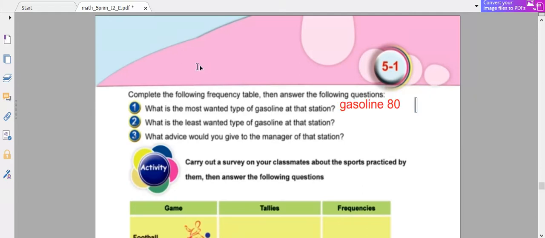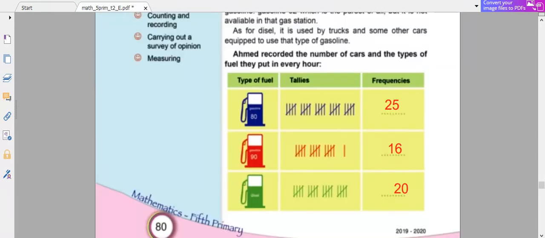Okay, that's question number 2. What is the least wanted type of gasoline? The least wanted. Let's go again to the table. The least wanted, we will find out that this frequency is the least, 16.